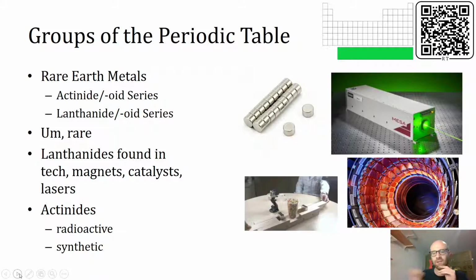And then finally, I wanted to mention the bottom two, those rows that frequently get not mentioned. They're either called Actinide and Lanthanide or Actinoid and Lanthanoid series, depending on which book you're reading and who's talking. They're known as the rare earth metals because, well, they're rare. The Lanthanides, those are the ones found in the upper of the two rows.